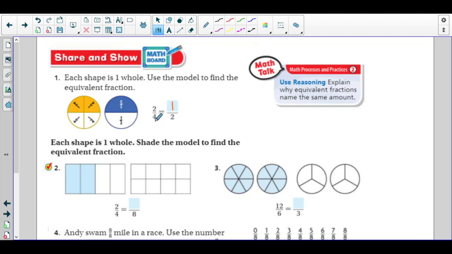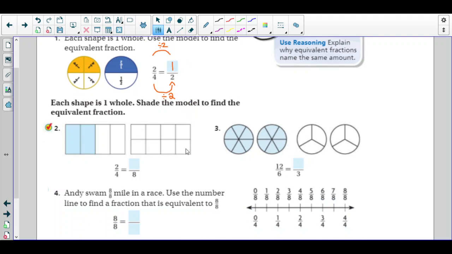We could also ask ourselves, when we went from 4 to 2, did we get bigger or smaller? We got smaller. So 4 divided by what number gives me 2? That's 2. So up here, I need to divide by the same number. 2 divided by 2 gives me 1.